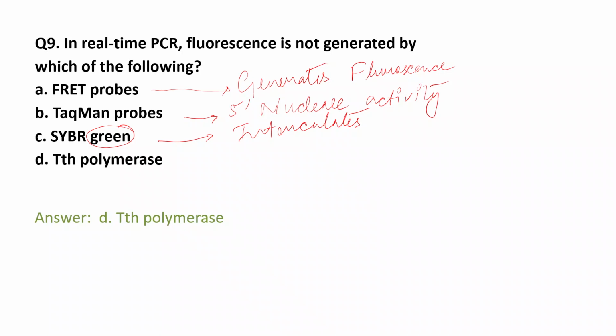You can have multiple dyes and use these fluorescence filters to detect or quantify, and a similar principle is there in the fluorescence microscope. The full form of SYBR, actually, I don't know. I know it's a kind of cyanine dye, but the full form I really don't know.